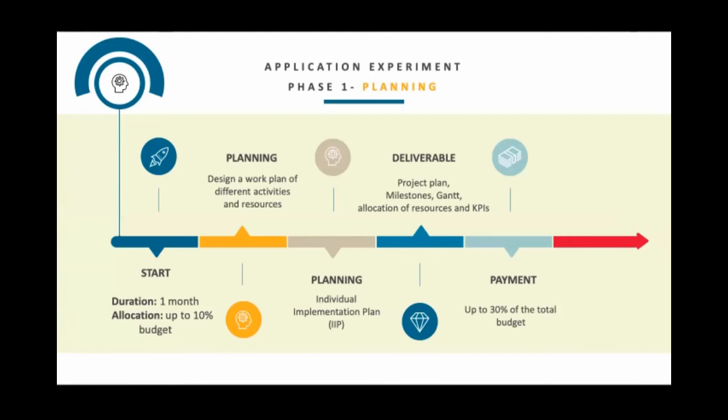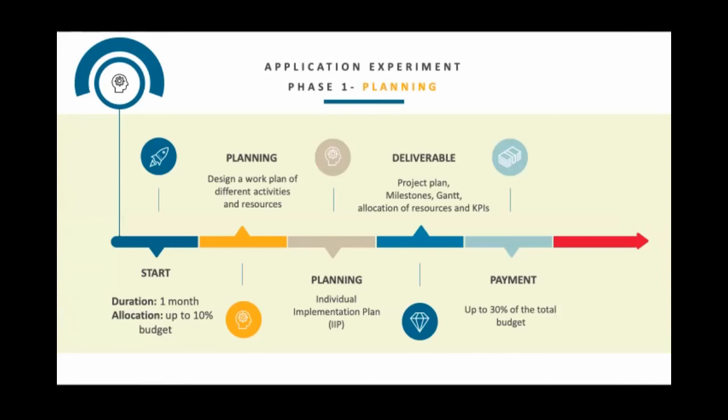This is important. The outcome of this phase is going to be a deliverable, the individual implementation plan. That's how we call it. That's going to be your Bible for running your project until the end. This individual implementation plan should include your project plan, your milestones, Gantt chart, the allocation of resources and the KPIs that you should already have defined in the submission of the project.